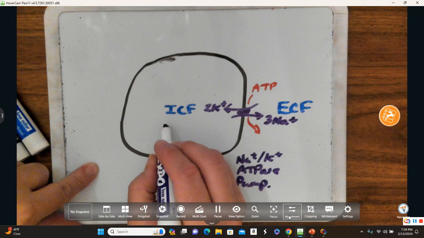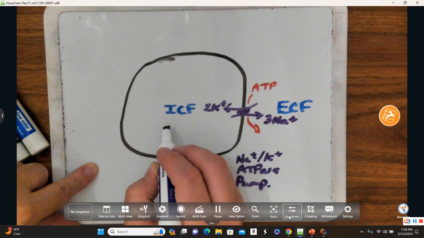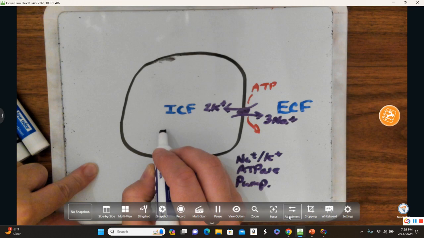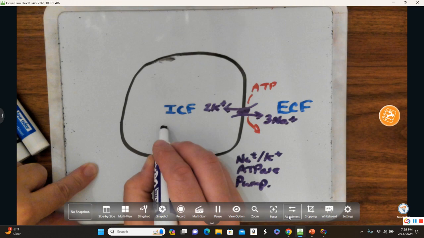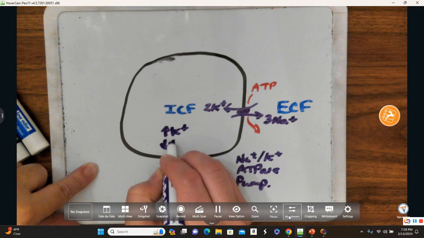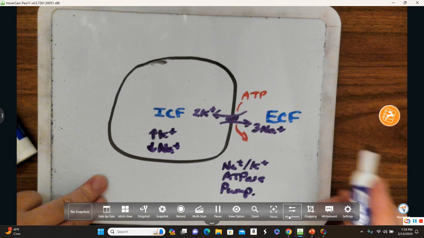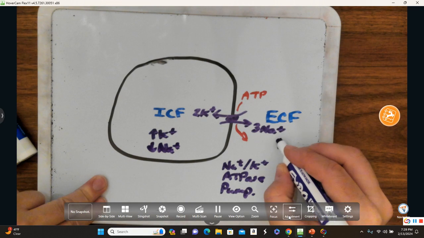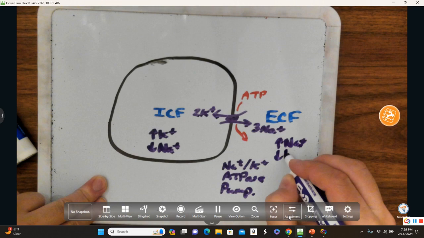Okay, so let's look at the ECF and ICF. Sorry, I was pointing towards the inside of the cell. The ICF tends to have a high potassium and a low sodium content, and the ECF will have a high sodium, low potassium.